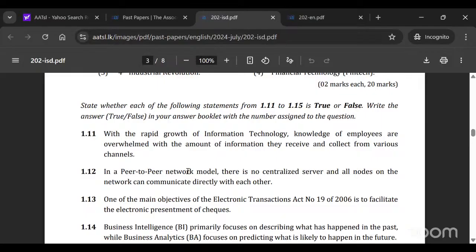In a peer-to-peer network model, there is no centralized server and all nodes on the network can communicate directly with each other.